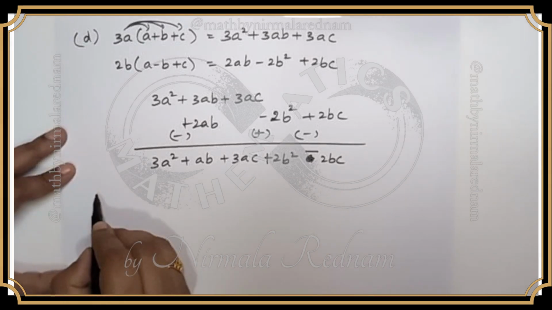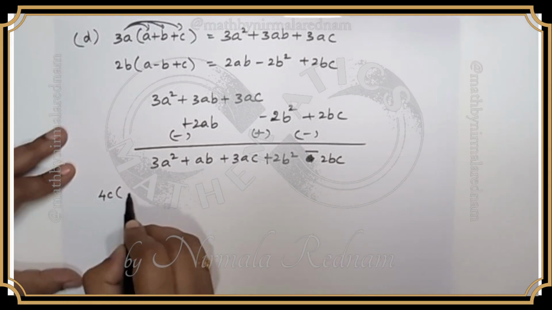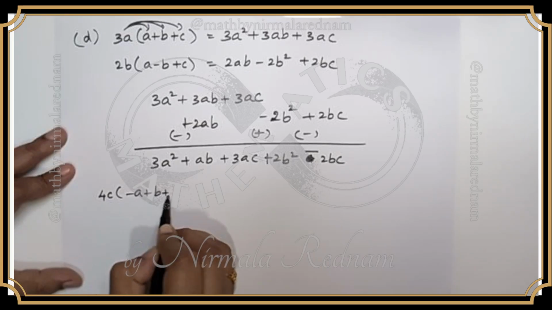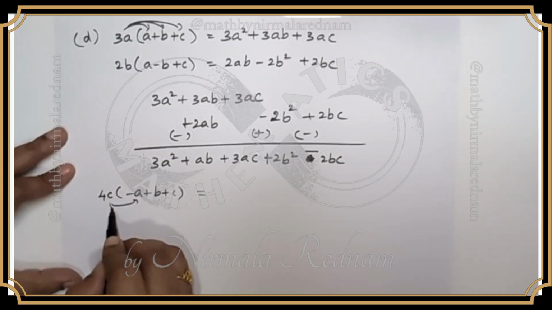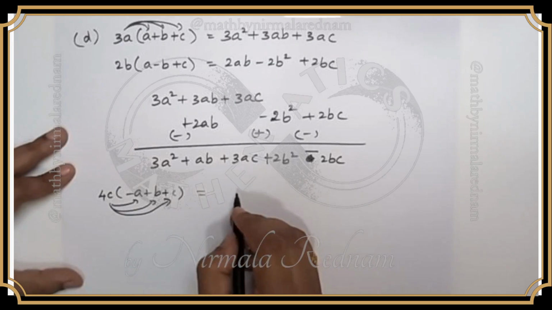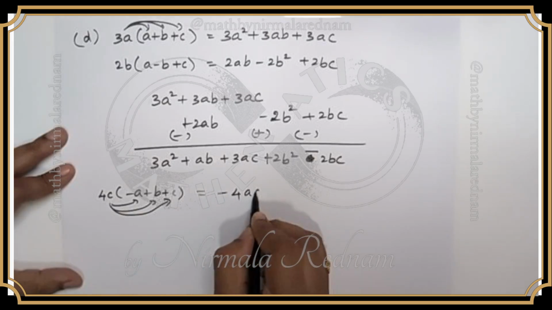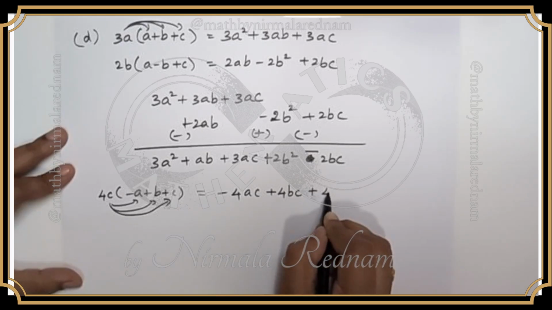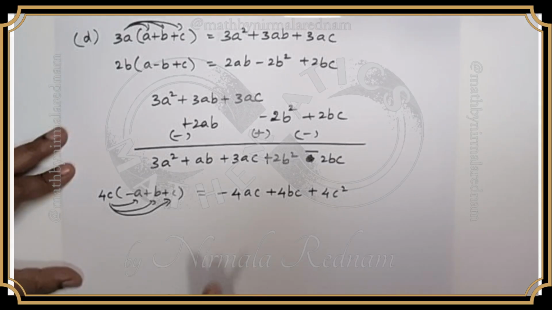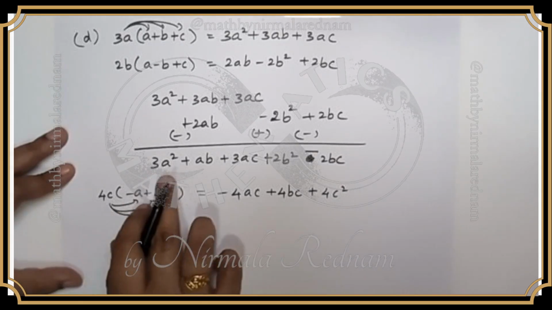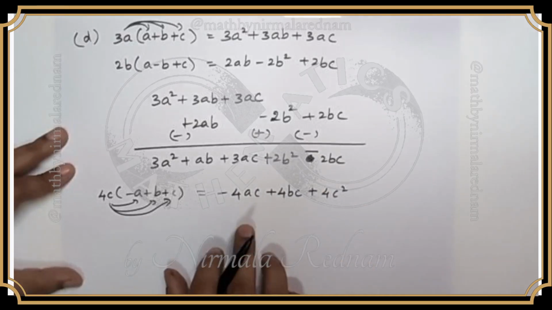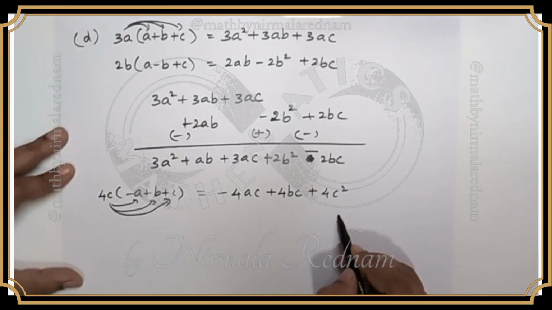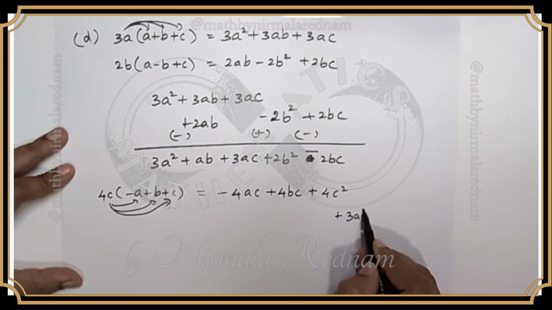So that 4c into minus a plus b plus c is nothing but, when I open the bracket, it's going to be minus 4ac plus 4bc plus 4c square, correct? Now from this I have to subtract this expression, so I will write this below this expression. 3a square I have to write in a new column, right?